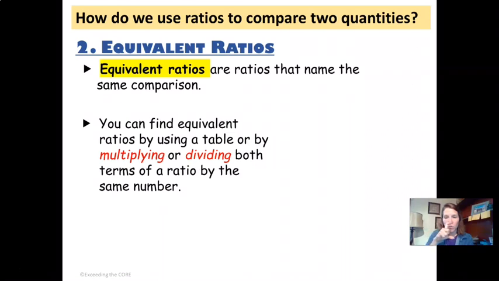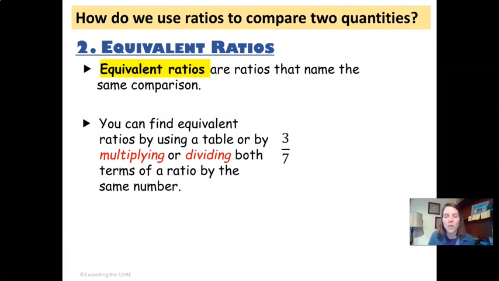We made a table with marshmallows and cereal and multiplied each time to increase the total number of things, but we had to make sure that we multiply the top term and the bottom term in that table by the same number. Same thing if we're talking about just writing that ratio and making an equivalent ratio from that.